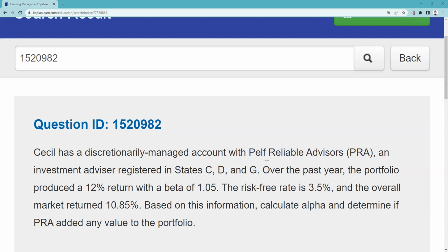So 3.5 is what we get for not risking our capital. So of that 12, 3.5 we could have got without taking any risk. And the overall market returned 10.85. Based on this information, calculate the alpha and determine if PRA added any value to the portfolio.